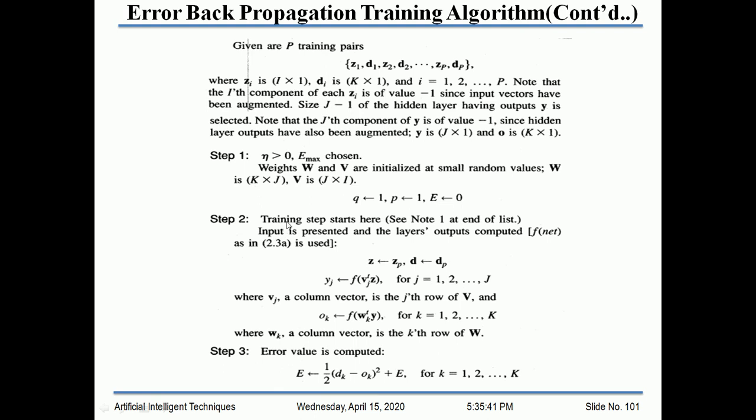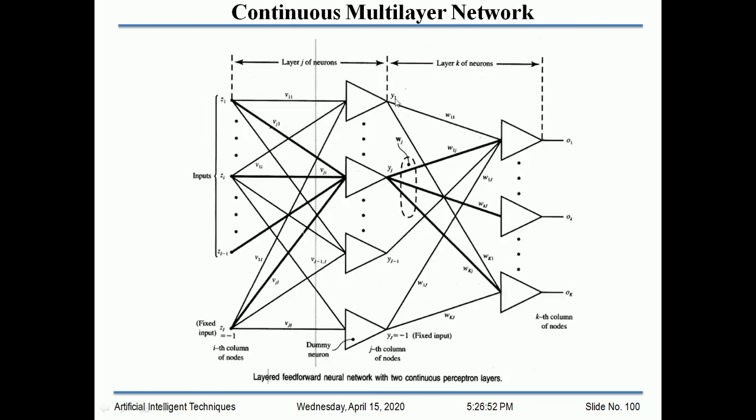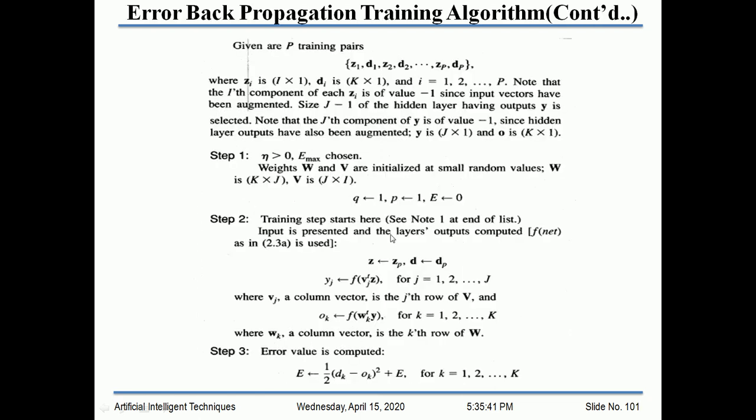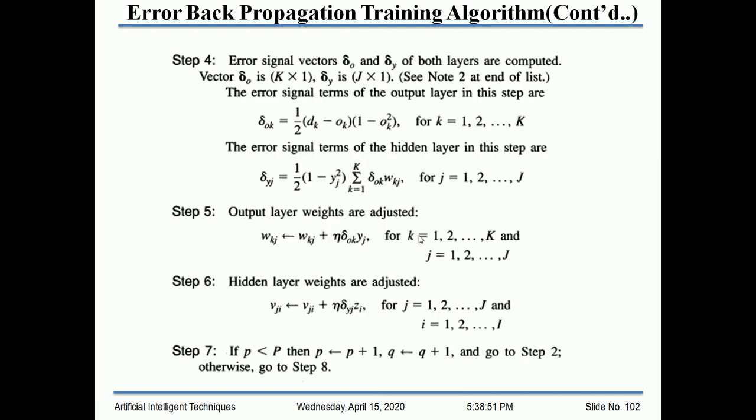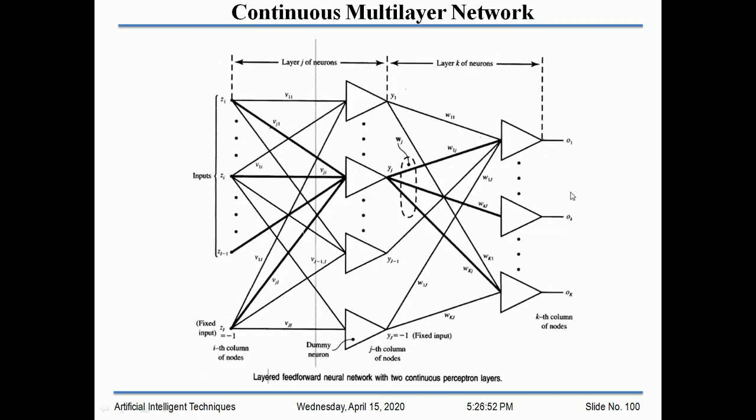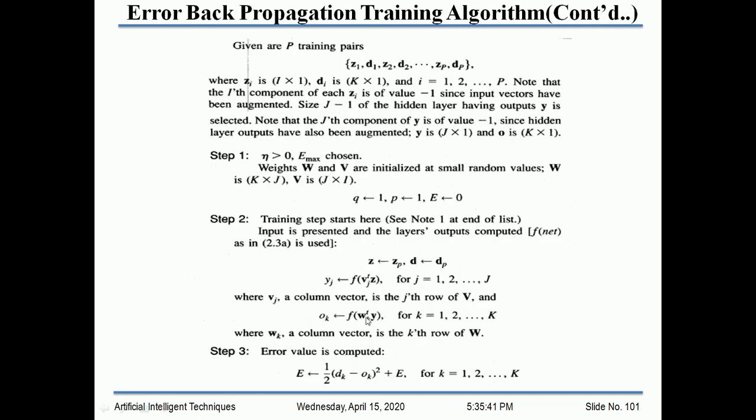Now step 2 is the training forward pass. The training step starts here. Input is presented and the layer's output is computed. How do I calculate y? y is equal to a function of V into Z. In the same way, O can also be calculated: O is a function of W transpose into y.